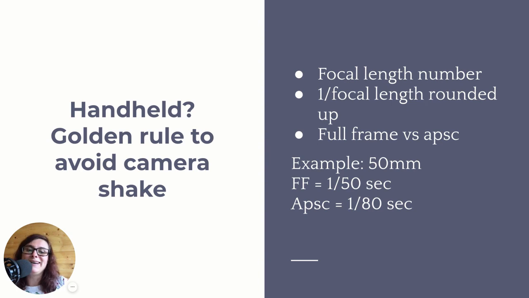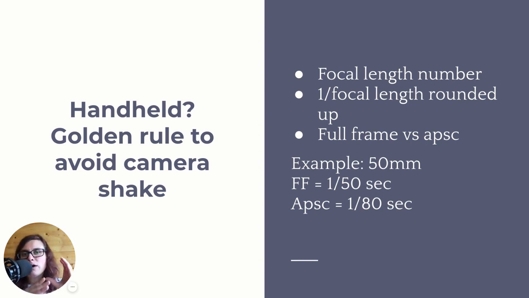Just trust me on this. You don't need to do the math really, which means that you need to round it up. So there is no shutter speed that is 1/75th of a second. So round it up to 1/80th of a second and faster, obviously. So 1/200, 1/1000, etc., etc.